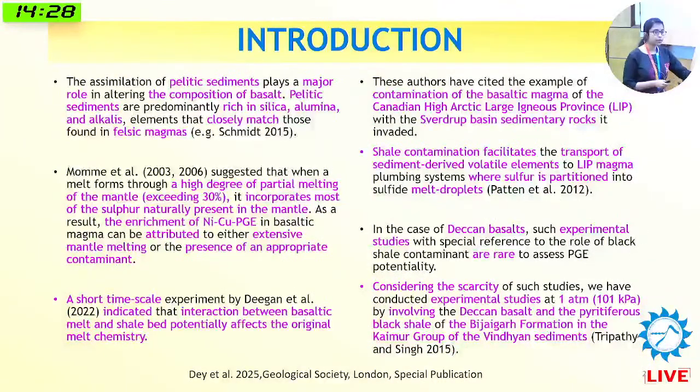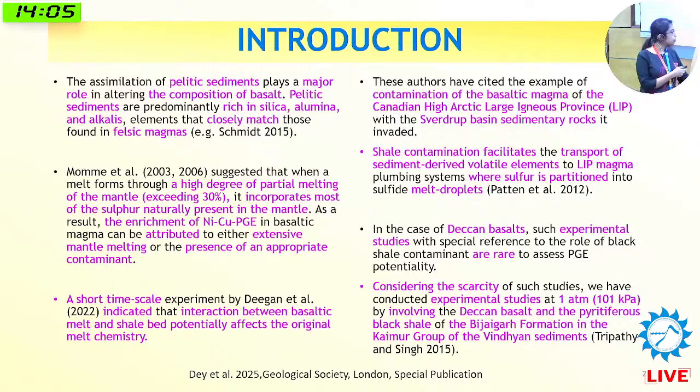Now, basalt is naturally not a very good reservoir for PGE mineralization, as it forms due to partial melting of about 15 to 18% of the parent mantle, and for PGE mineralization, sulfur is very important.